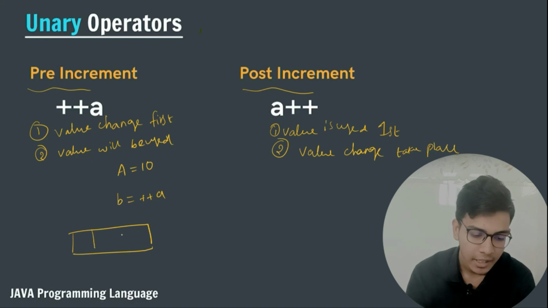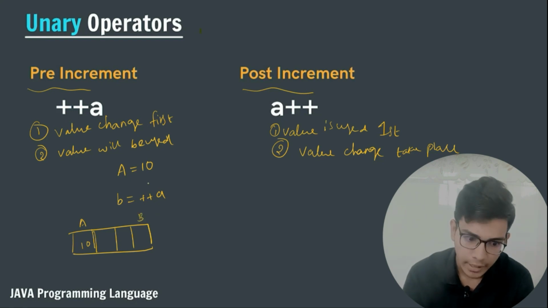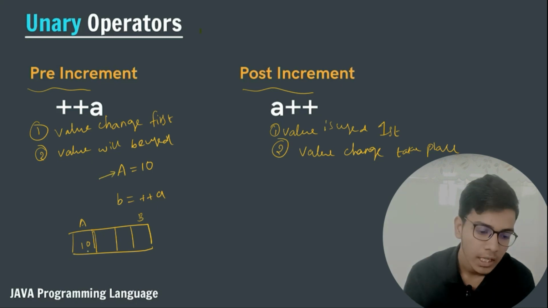So let us consider the block of a is this 10. It will have some address, and all these things we have studied previously, right? In b, we don't have value right now. This is our first statement, we are assigning the value of a is equals to 10. After that, in the second statement, b is equals to plus plus a.